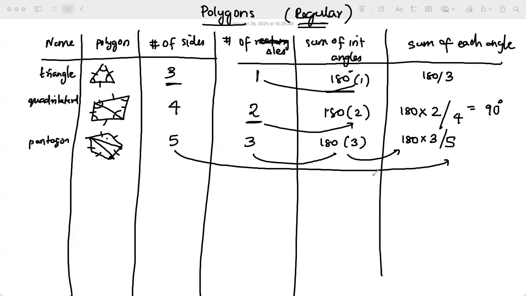Can I say this? What is the answer? That's like 360, almost. No, not almost. You have to be exact. 540 by 5. Is it right? 180 times 3 by 5. 108. Yeah, I did it wrong.